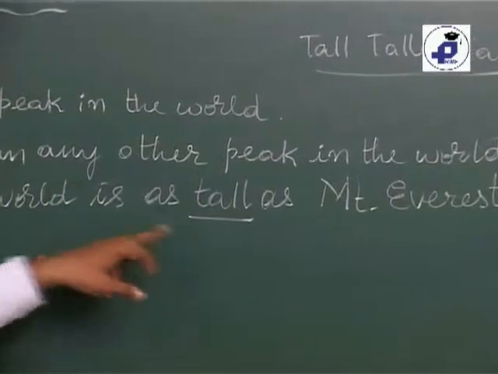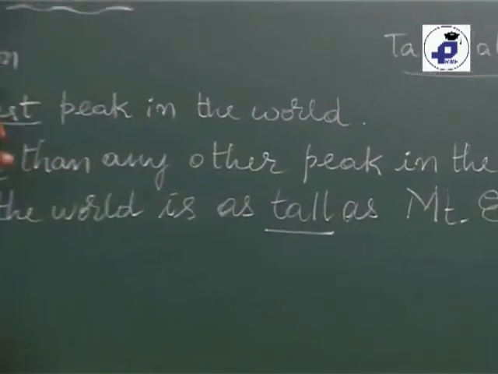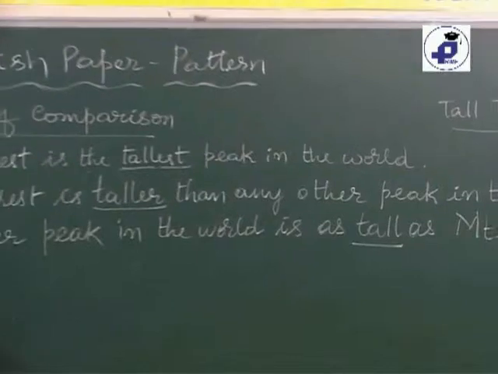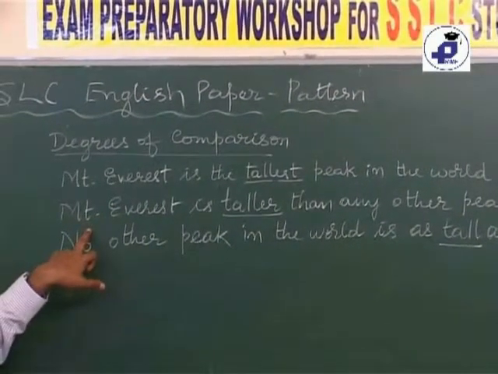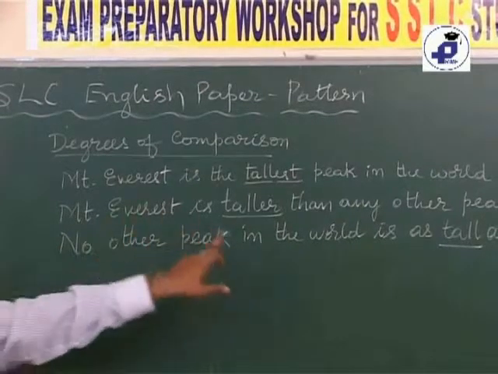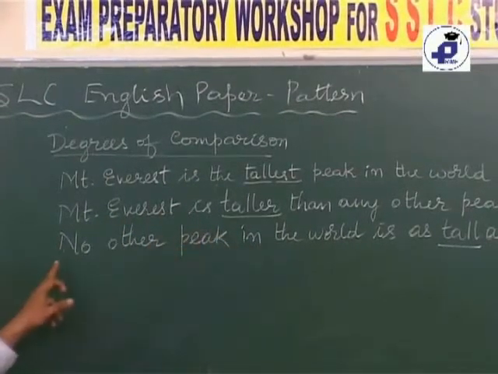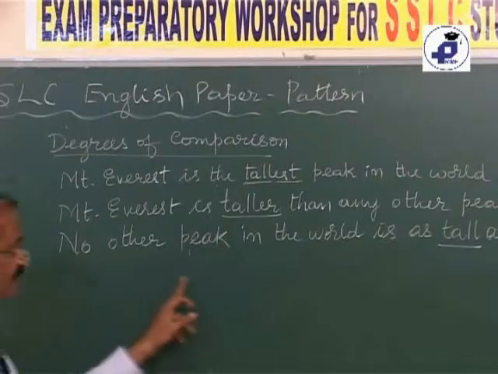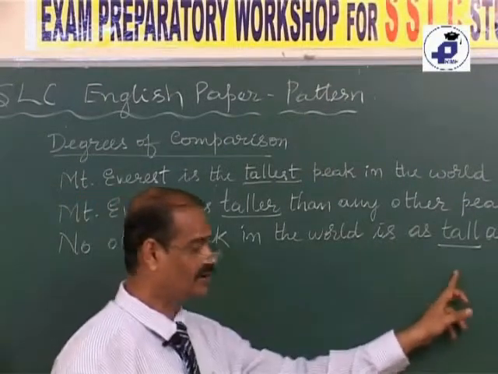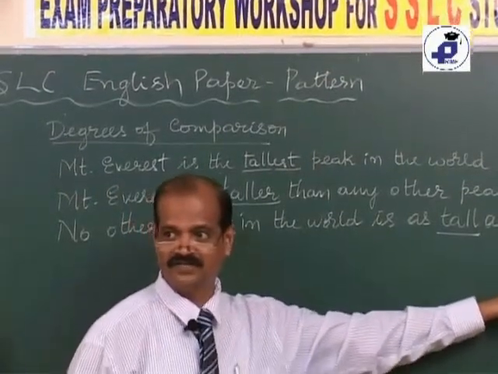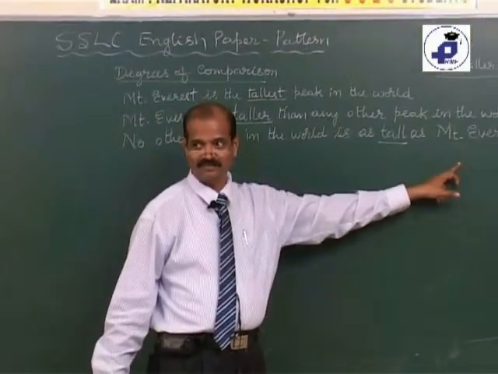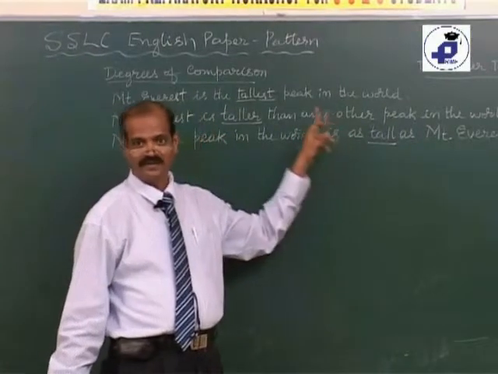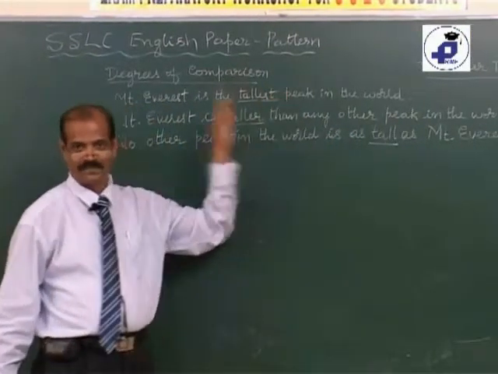So tall, taller, tallest. Mount Everest is the tallest peak in the world, superlative degree. Mount Everest is taller than any other peak in the world, comparative degree. No other peak in the world is as tall as Mount Everest. This is positive degree. So there are 3 degrees of comparison: positive, comparative and superlative degree.